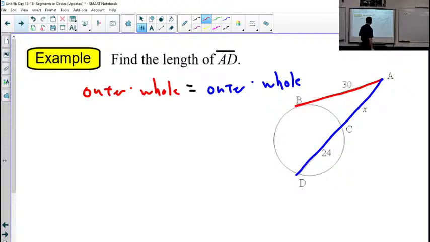If I look at my red segment, the A to B, my outer piece, the piece outside of the segment, is 30, times my whole thing, the entire segment, all the way from A to B, still 30. Sometimes you'll see it written as 30 squared, because that's what 30 times 30 is.